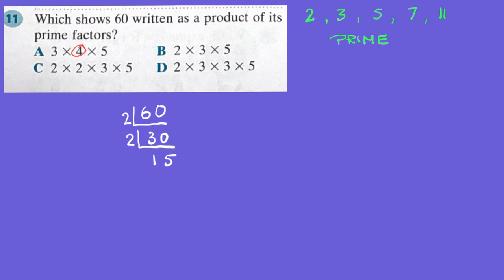Can I divide it by 2 again? No, I can't. I go to the next prime number. Can I divide it by 3? Yes, I can, and I'll get 5. And the last one is I can only divide it by 5. So my prime factors are 2 multiplied by 2 multiplied by 3 multiplied by 5. And that is C.